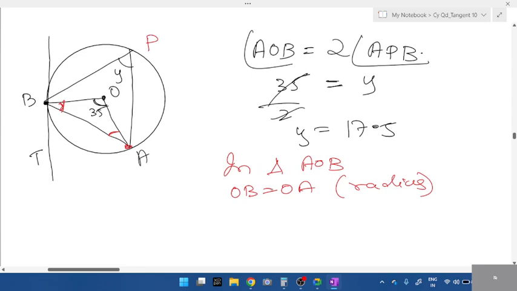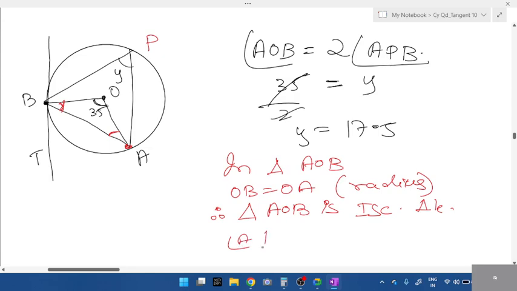Mention that in triangle AOB, OB and OA are radii of a circle. Therefore, triangle AOB is isosceles. After that, you can write the direct statement. After this, we have understood AOB is an isosceles triangle.